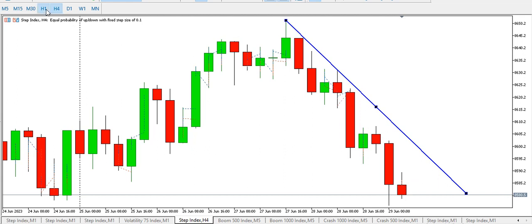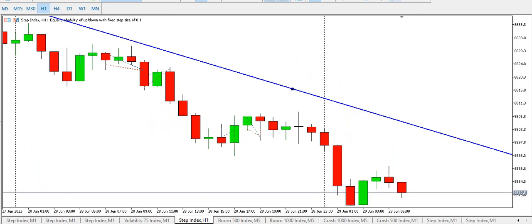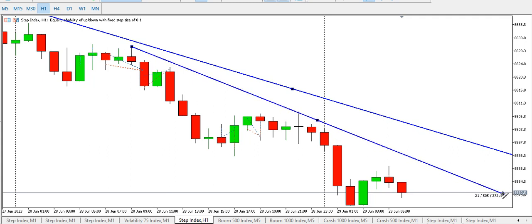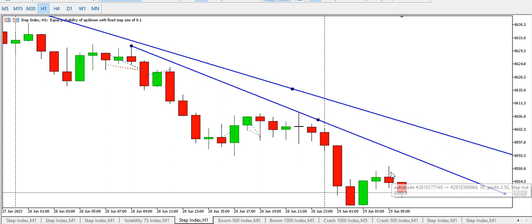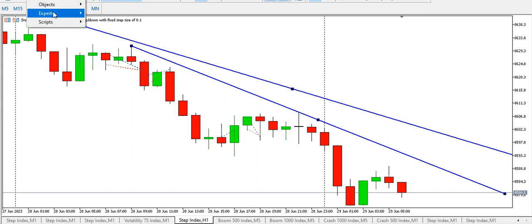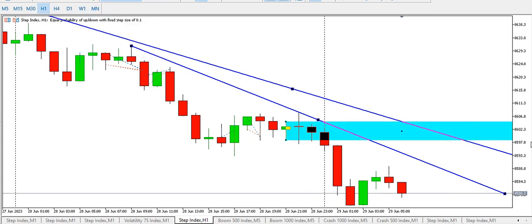On the 1 hour time frame, the trend is currently bearish as price continues to form lower lows. This is the high, this is a low, lower high, lower low, lower high, lower low, lower high. You might possibly see a lower low, but if price is going to go up, we have this particular order block around here that might serve as resistance to price.